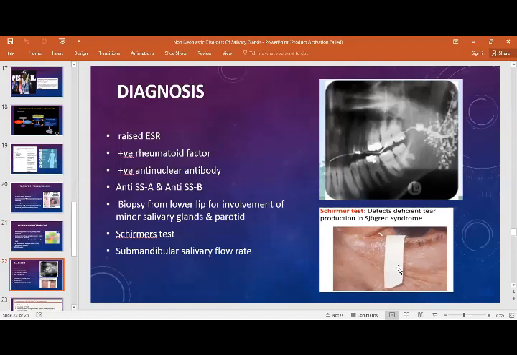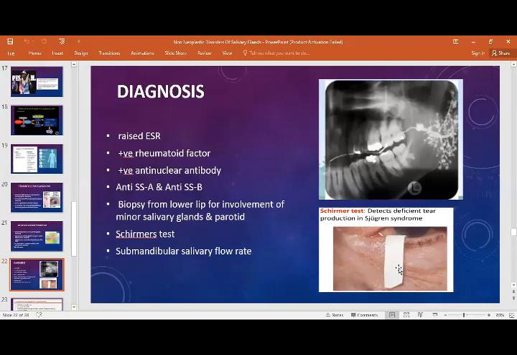There's a simple strip which we place in the eye for 5 minutes, and after that we see the lacrimal secretion. If the lacrimal secretion is decreased below around 5 mm, then the Schirmer test is positive for dryness of the eyes, and there is less functioning of the lacrimal gland.